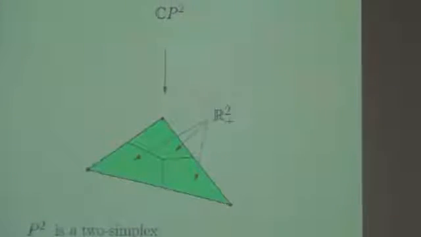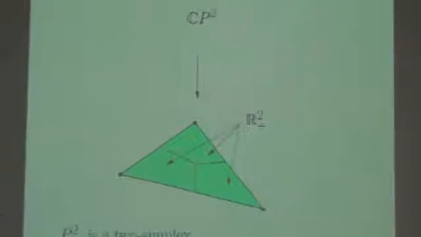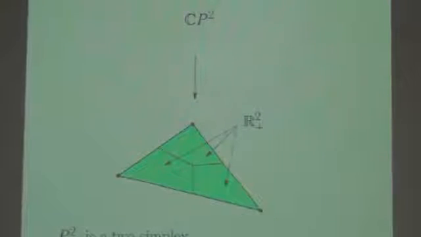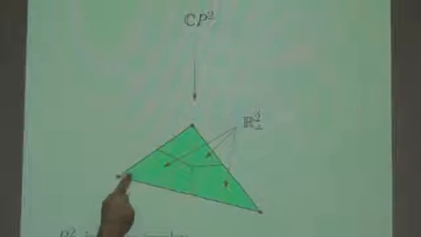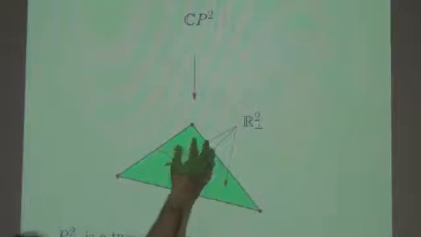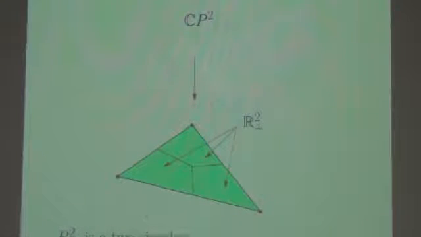There is a global action of the 2 torus on CP2, and on each patch it gives me Rn plus. Here is Rn plus, R2 plus, R2 plus, and they fit together to give me a 2 simplex. And it is this property which makes CP2 a toric manifold. Okay.